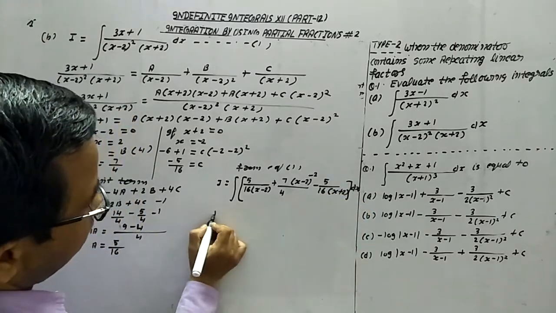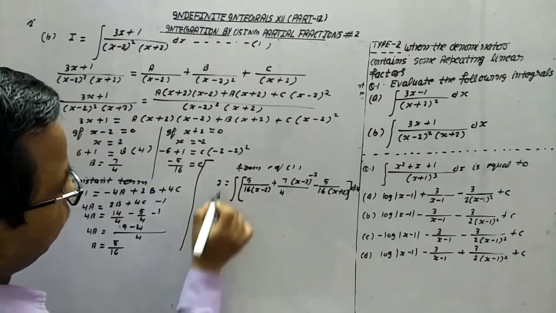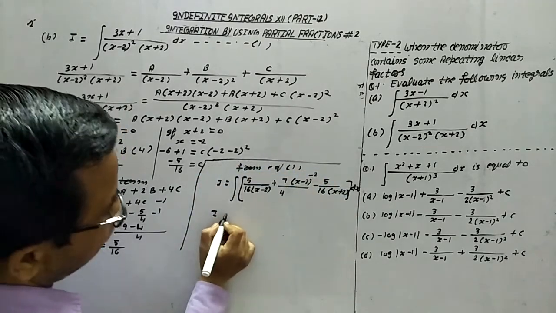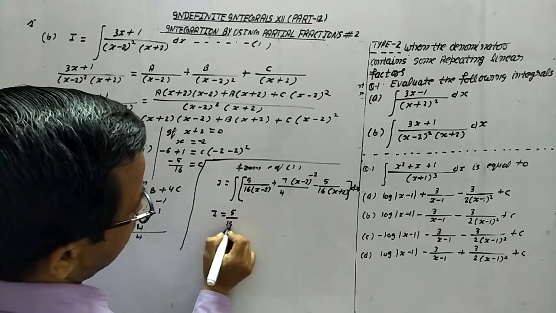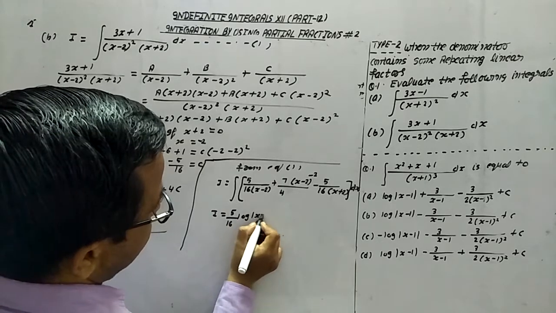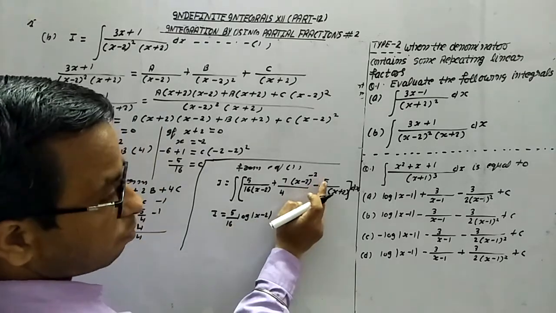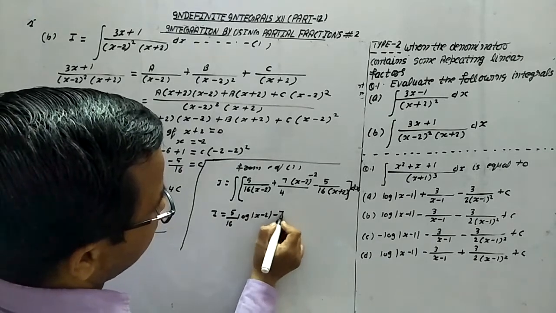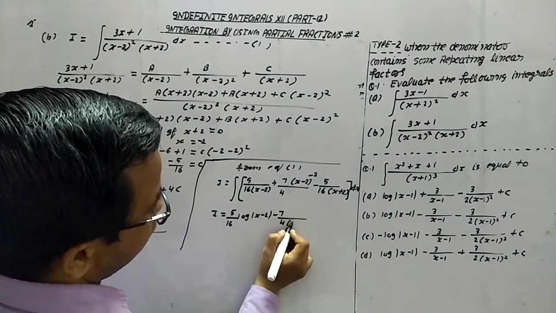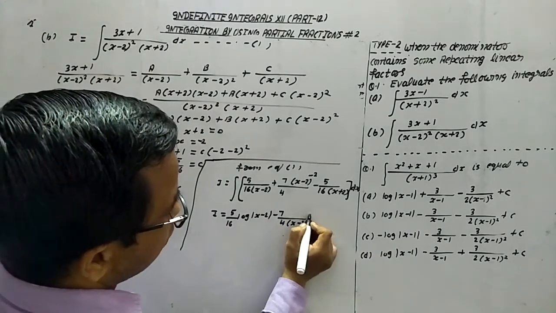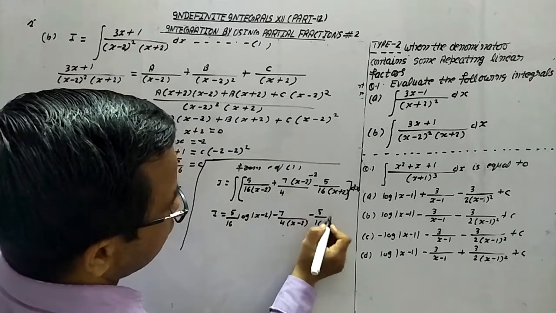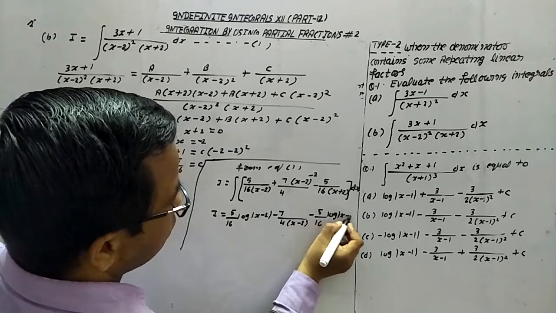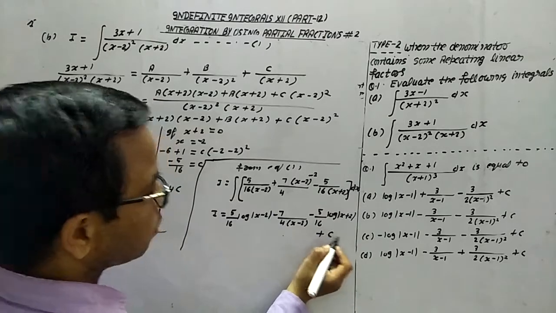Now after integration we are going to get I is equal to 5 by 16 log (x minus 2), and this is minus 2 plus 1, it means minus 1, it means minus 7 by 4 times (x minus 2), minus 5 by 16 log (x plus 2), plus c.